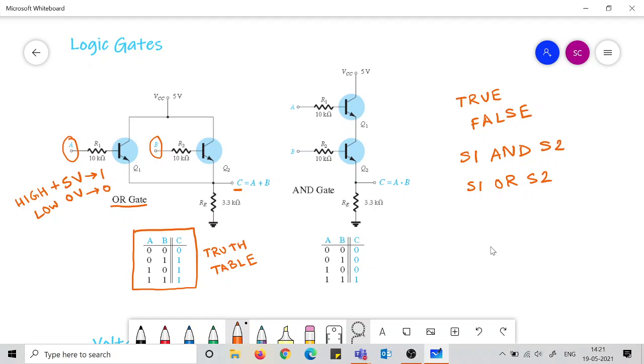So if you ask this question, is S1 and S2 true, then this is true only when both S1 and S2 are true. This is how logic works. And if you ask the same question with OR, then any of S1, S2 being true is enough.